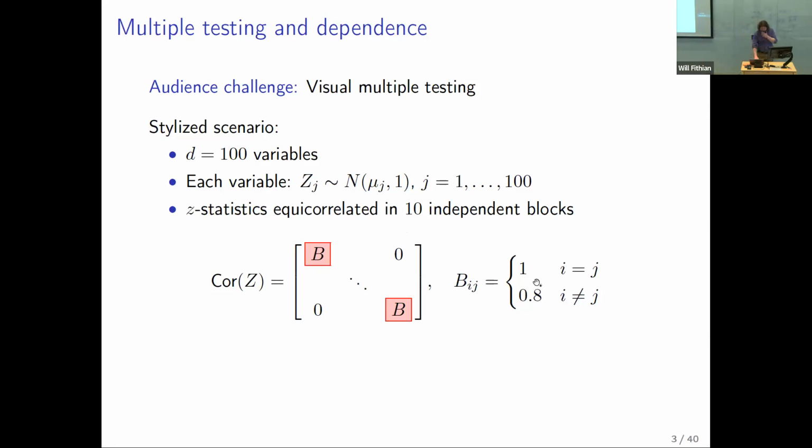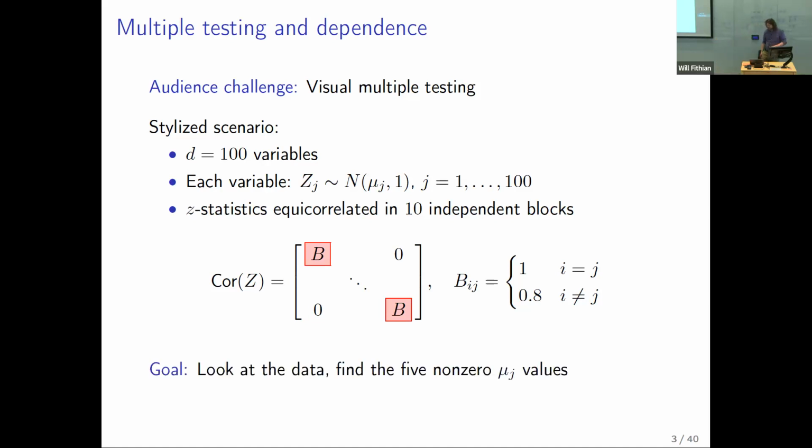In the plot I'll show you, the equicorrelations are 0.8, but you could imagine maybe this comes from some kind of batch effect, or if we have a control in each block and we're making comparisons to the control for that block, then we would have a 0.5 correlation between different variables in the same block. You can imagine various stories for how we would get a data set like this, but I just want you to take it for granted. We have Gaussian data with this correlation structure.